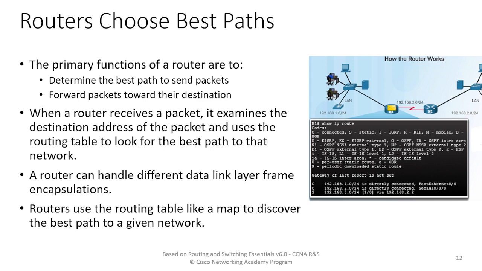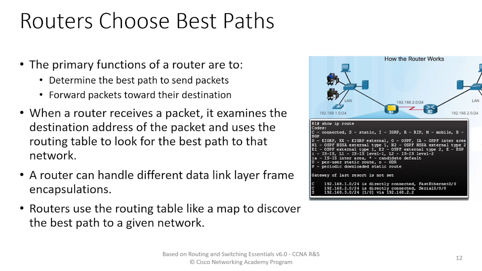The next important task a router would perform is choosing the best path. Again, in most network connectivity environments, it would be possible to find multiple pathways to reach a particular destination. So in that case, the router would function as the point where the decision is made about what is the best path to reach the destination from the source.